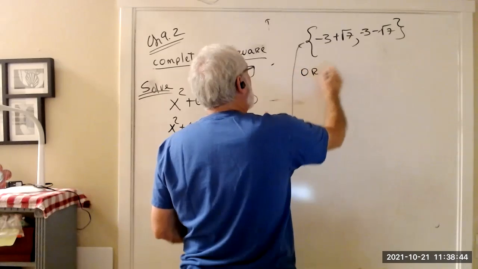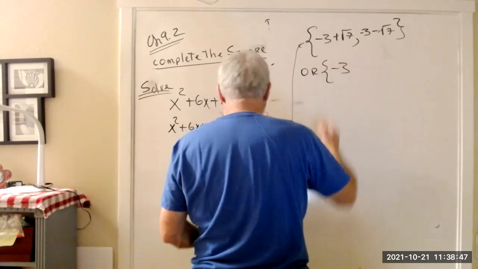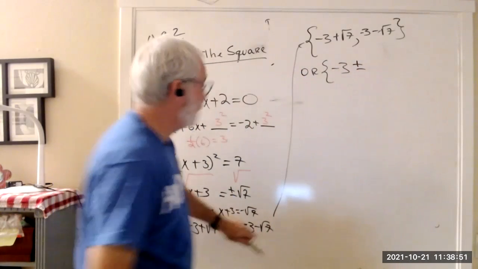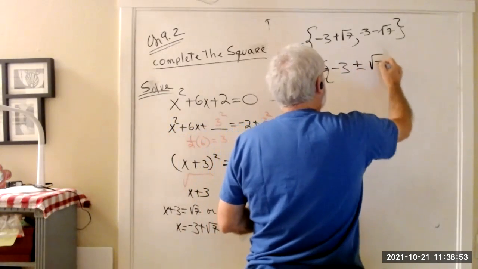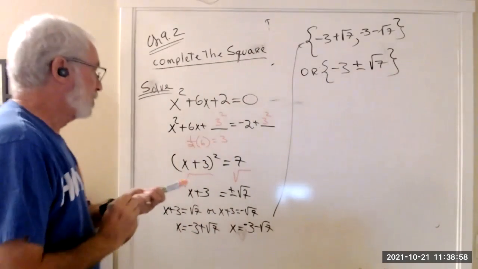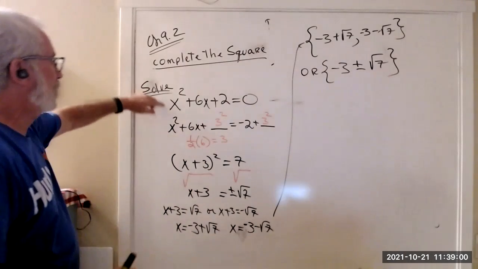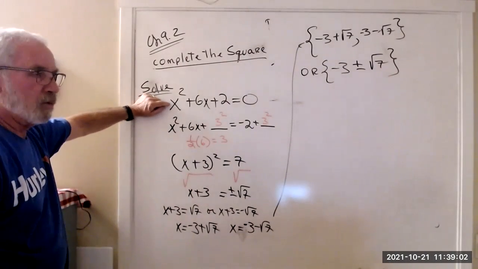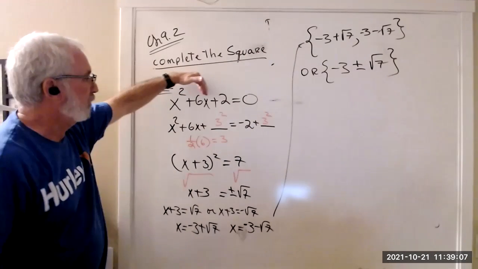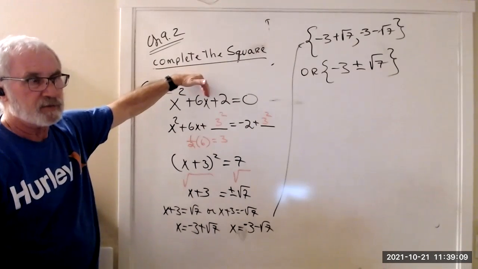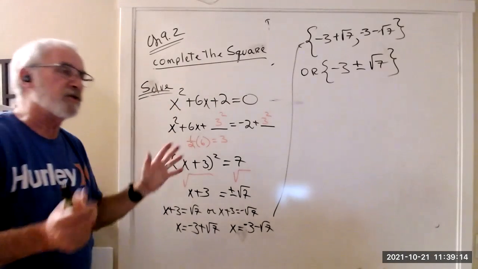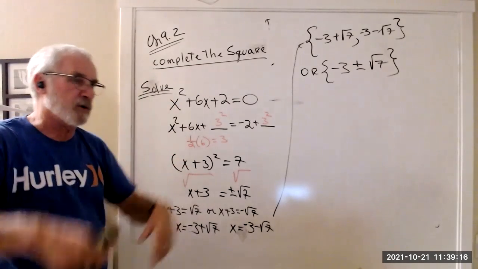Or if you want to get fancy, it's -3 plus or minus the square root of 7. I'm going to do another, don't panic. Okay. So what did I do over here? Let's go back through it again. First thing I did is I decided it doesn't factor. So then this new technique says, since it doesn't factor, the rules of factoring, we throw it out.